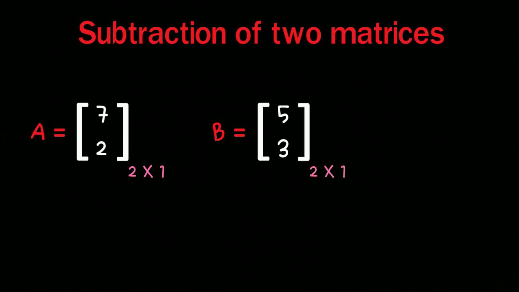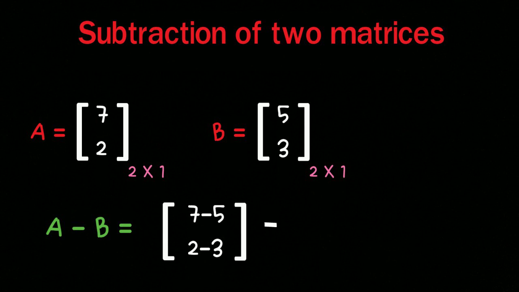If we want to do subtraction of A minus B, since the order of the two matrices is the same, we can do subtraction. So 7 minus 5 for the first element, 2 minus 3 for the second element, so we will get 2, -1, and the order of the matrix is still 2 by 1.